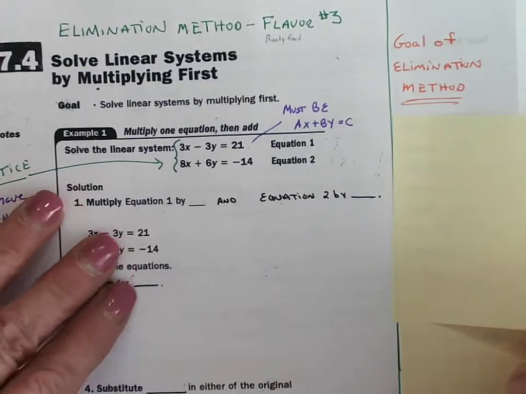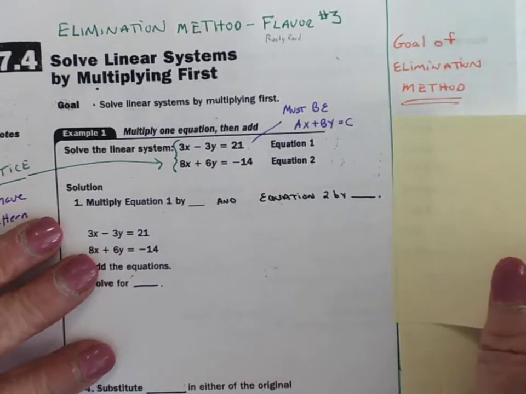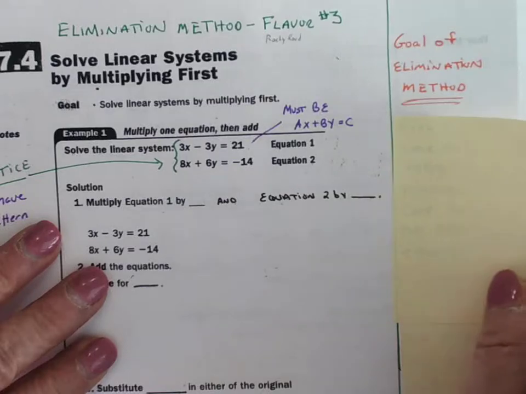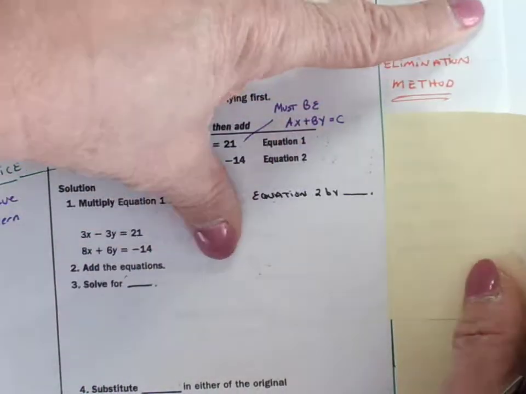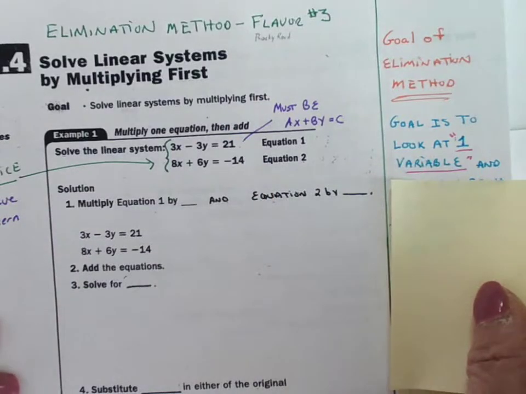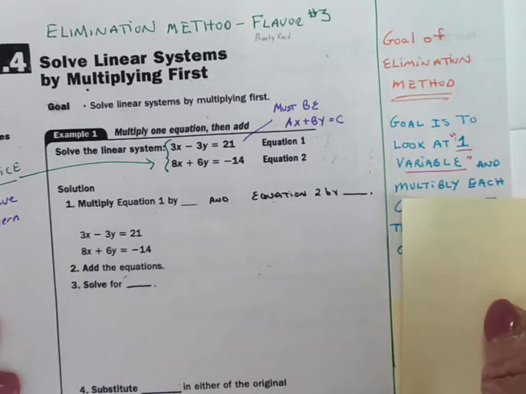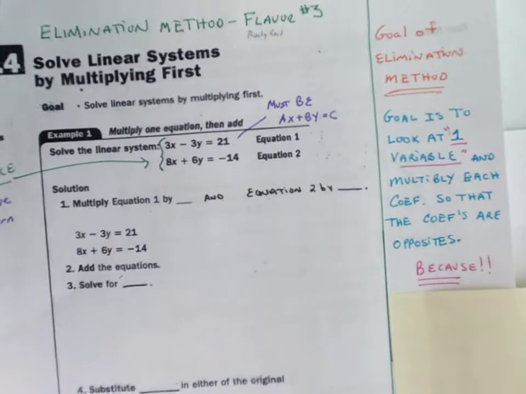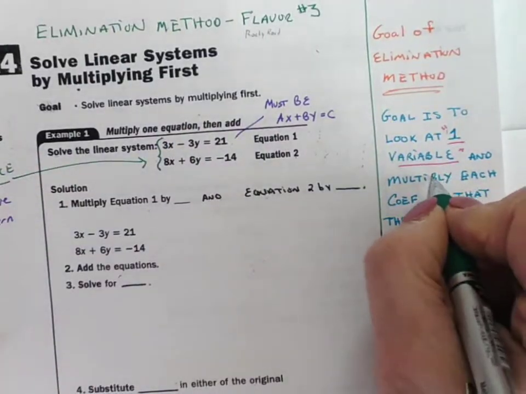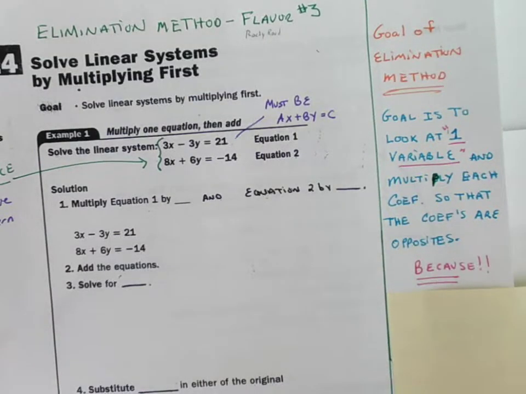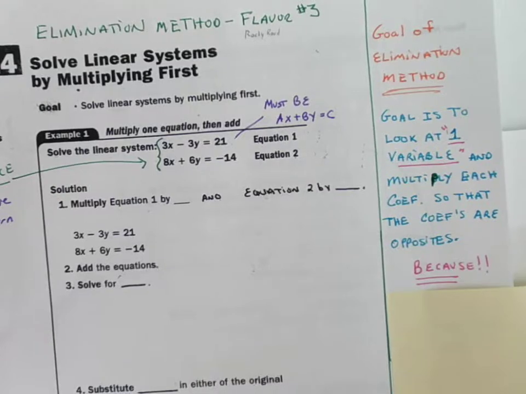So first, I want to go over, from a very general perspective, what the goal of the elimination method is. The goal is to look at one variable and multiply each coefficient so the coefficients are opposites.